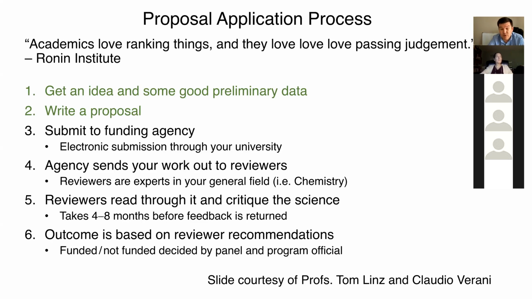It takes about 4 to 8 months to get the feedback, so it's a relatively lengthy process. In our class, everything is obviously very much accelerated. The outcome for the grant application is based on the reviewers' recommendations. The reviewers themselves do not make the funding decisions, they only write the critiques, and the funding decisions are based on these critiques.